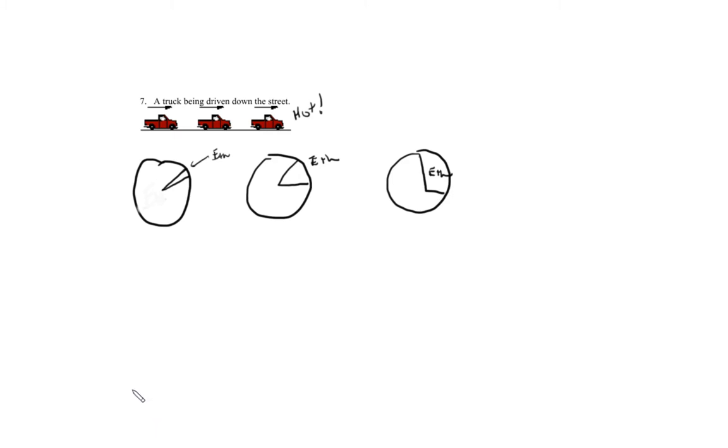We do have another problem though. The truck's going the same speed the whole time. It's not speeding up or slowing down. So the amount of energy it has stored kinetically is the same the entire time. In fact, I'm just going to go ahead and make it half. It has the same amount of energy stored kinetically in all three pictures. And of course, I'm not drawing this particularly to scale.